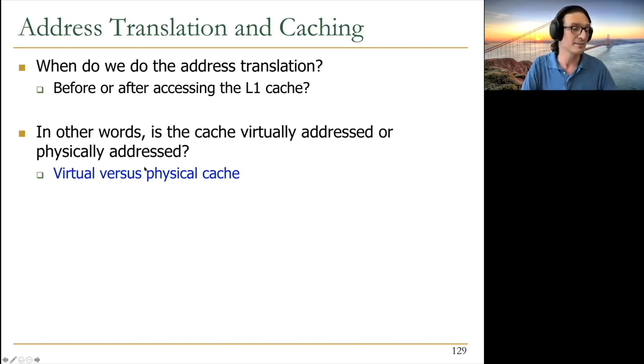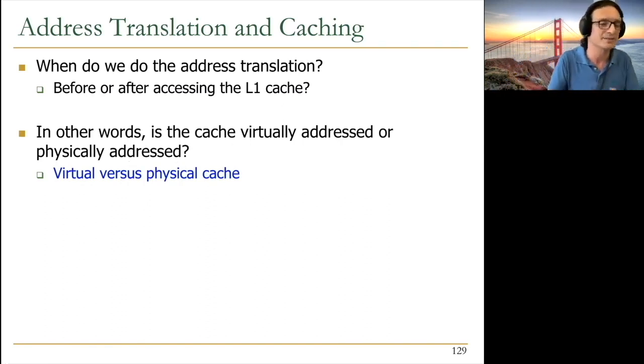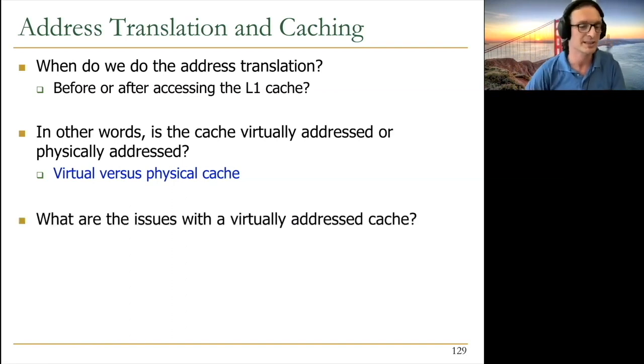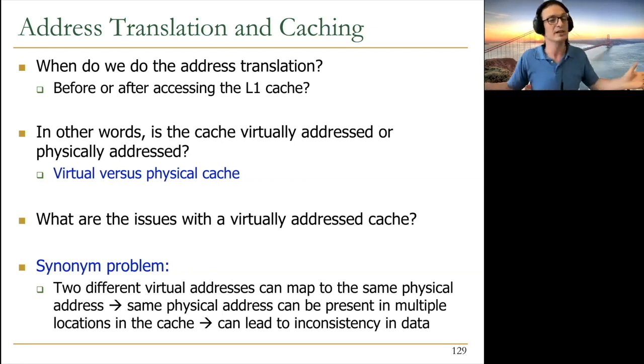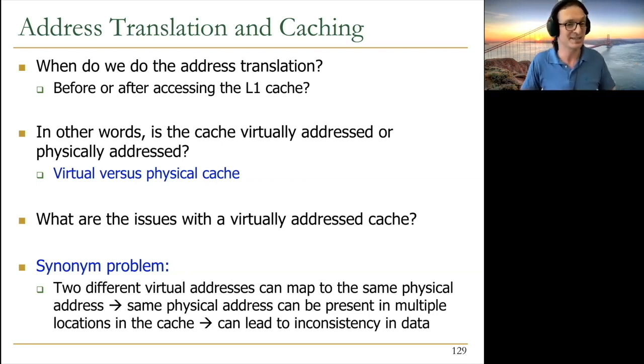And this is a fundamental choice at the L1 level, but you could also potentially move it to the L2, L3 levels, but it doesn't make sense fully at some point. And then the difficult question is, what are the issues with a virtually addressed cache? And there are issues. One issue is the synonym problem. Basically, two different virtual addresses from the same process or different processes can map to the same physical address, which means that the same physical address can be present in multiple locations in the cache if you're actually using virtual addresses to address the cache.